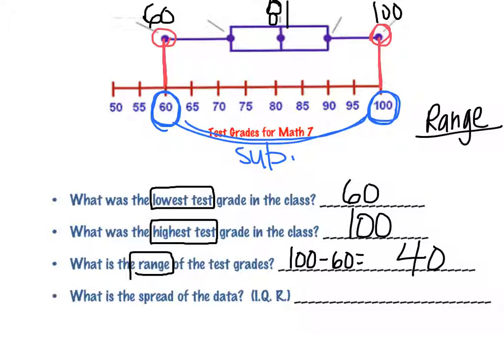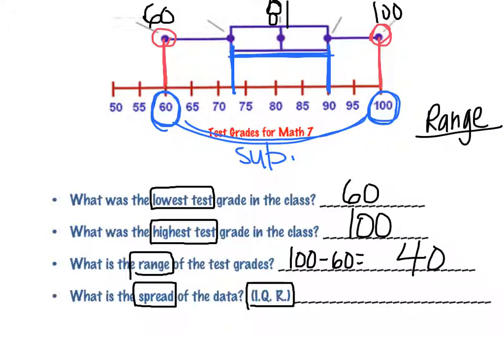Last question wants to know, what is the spread? We had this earlier. It was also called the inner quartile range. Inner meaning the inside, the inner part of the graph. And I want to know, what's the distance between these two spots?